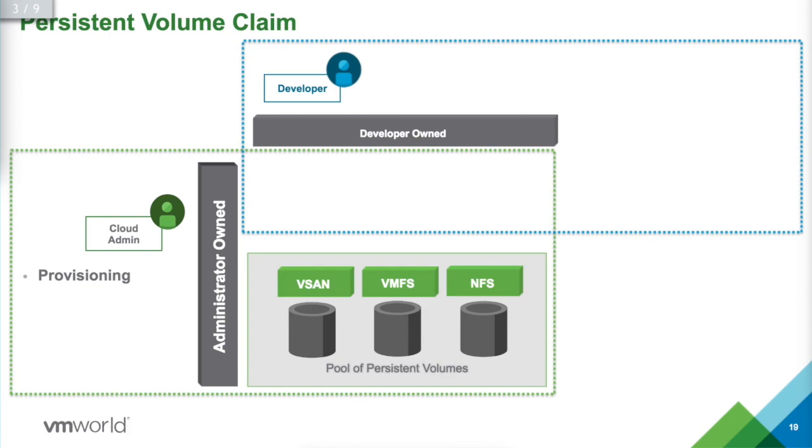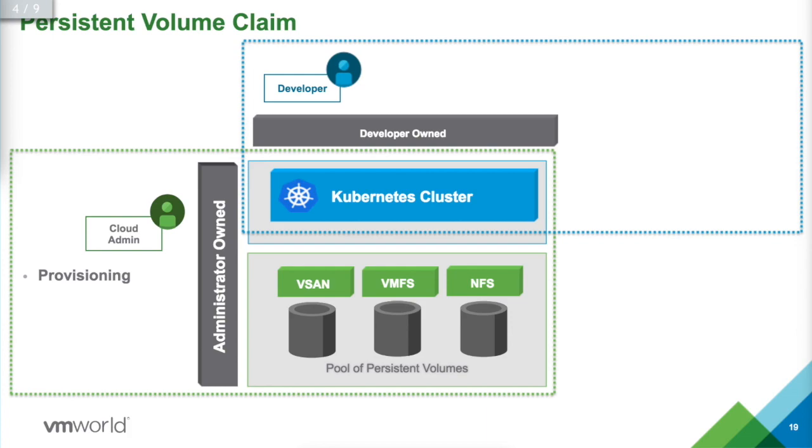For instance, vSAN with SSD as capacity disk can be assimilated with gold storage class. Then, cloud admin has to register the persistent volume for availability in the Kubernetes system. At this point in time, the pool of persistent volumes are ready for use by the developers.